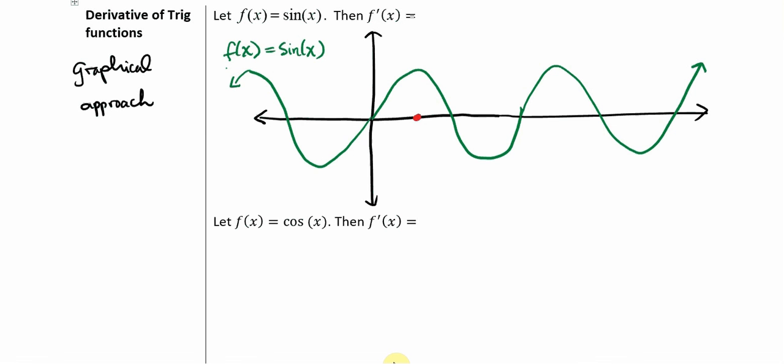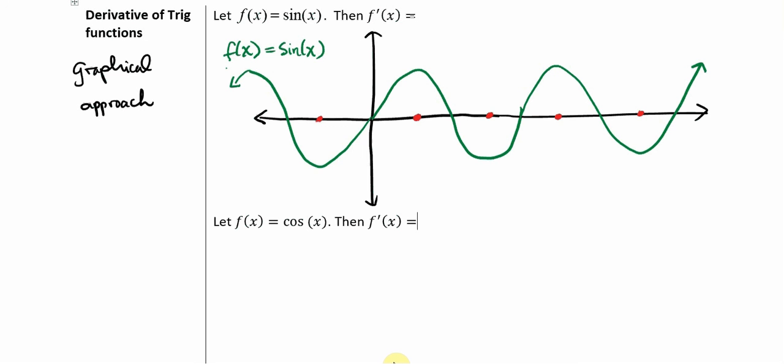In other words, f prime has x-intercepts wherever f has extremas. So there's a 0 here, a 0 here, and another 0 here, and another 0 here. These specific points, if you remember your unit circle, are pi over 2, 3 pi over 2, 5 pi over 2, 7 pi over 2, all the odd multiples of pi over 2.